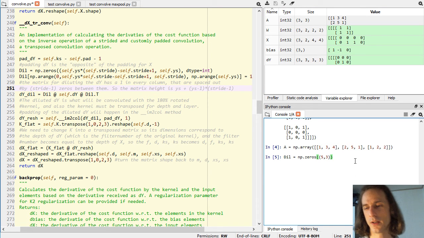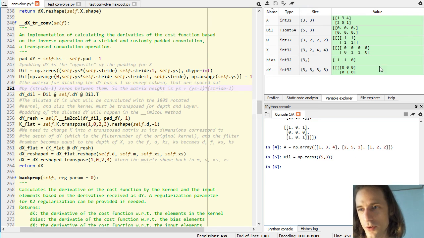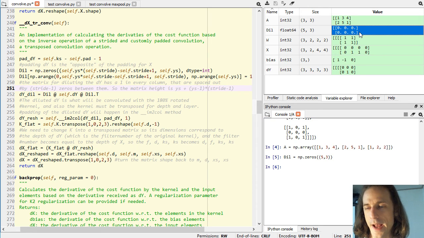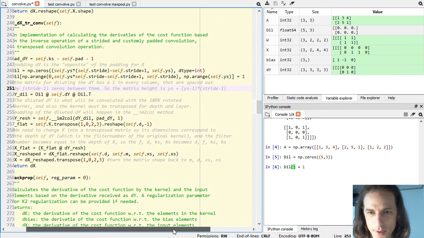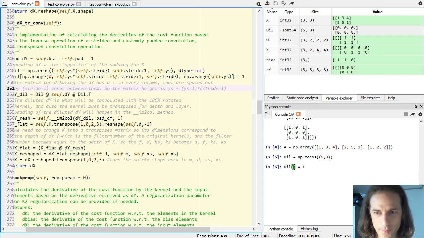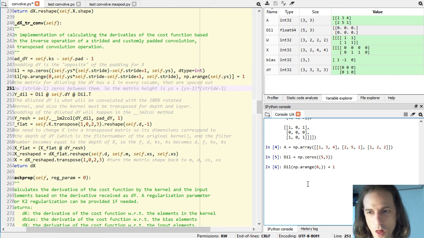So I make this dilution matrix, and I have to figure out which parts I make 1. Let's go with NumPy's arange function.